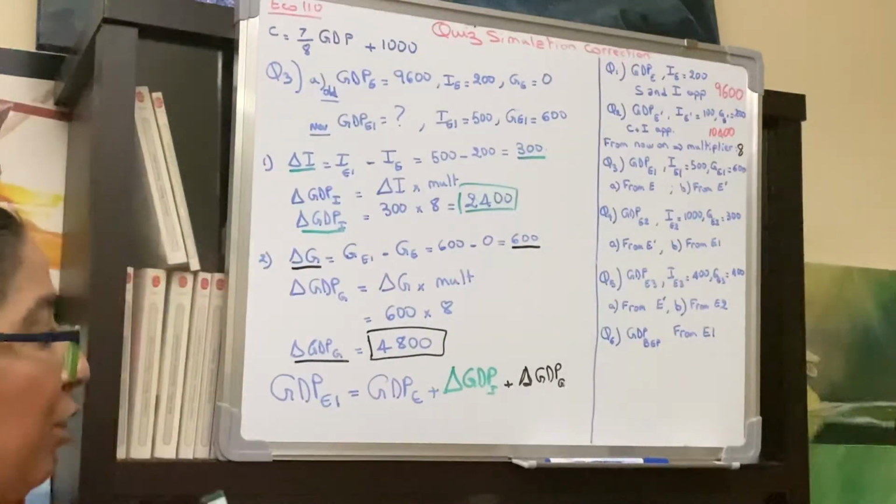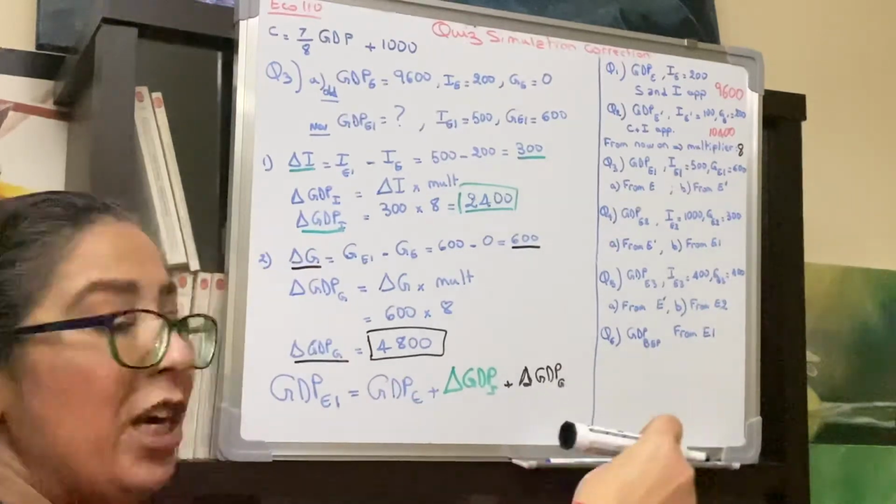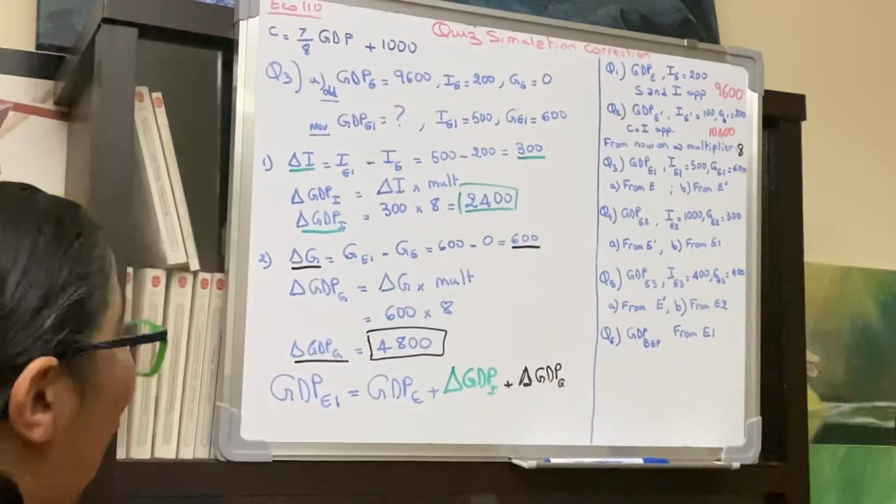You added something due to investment and you added something else due to government. Where did you land? That's what we're looking for.